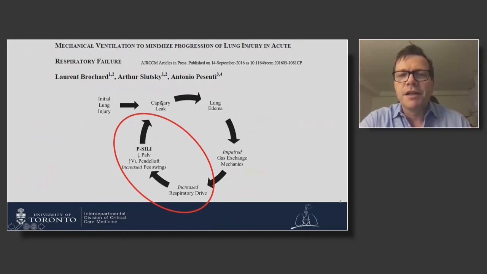They have some capillary leak, they have some lung edema, they have some impaired gas exchange and mechanics, and they have a higher than normal drive, which then creates more pressures across the lung, maybe can cause regional shifts in ventilation, which we call Pendelluft, which cause further lung injury, further capillary leak, and this becomes a bit of a vicious circle.